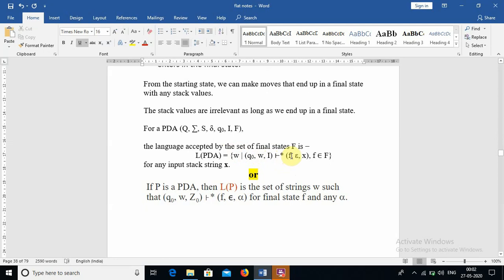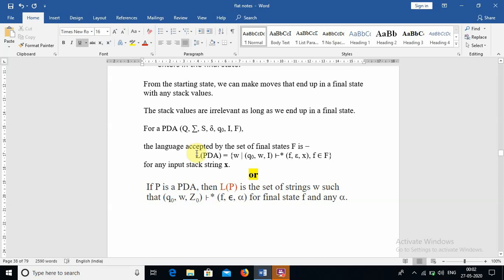We consumed the entire input string, that is nothing but epsilon, and x is nothing but the symbols in the stack, there may be symbols in the stack or not, that is not required. Our requirement is that the string should be epsilon, that means there is nothing left in the string to consume, and we have to reach the final state. That is important here.